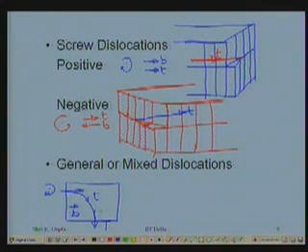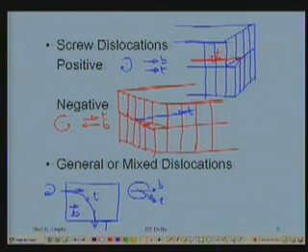Okay, and in here the B and T are, let's put a tangent T like this, but B is still there like this. The angle between B and T is going to be this, because that's B and this is T. So partly it is an edge dislocation, partly it is a screw dislocation.